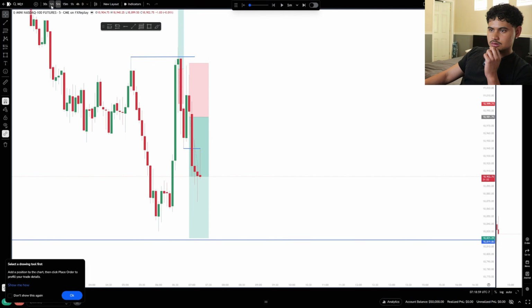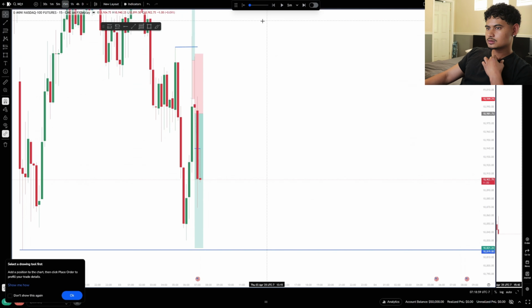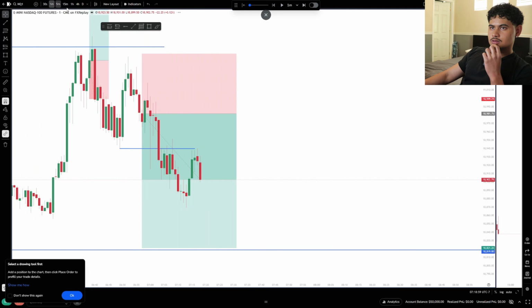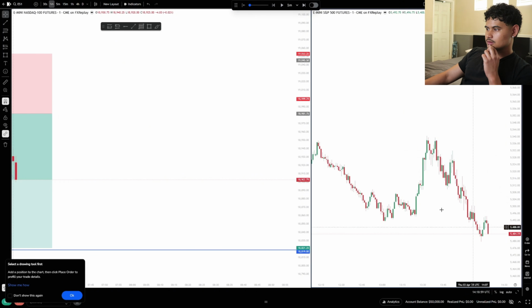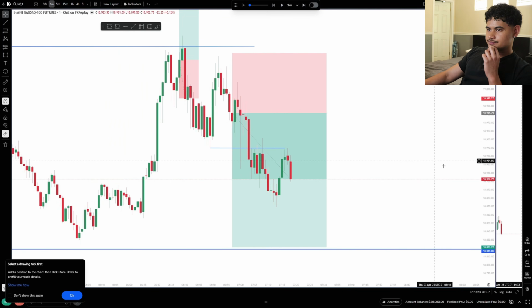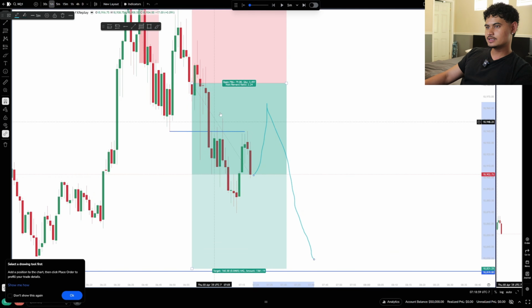Okay. Do I want to re-enter? Let me see. The reason I don't really feel that strong on this is because I feel like it could come back up and re-sweep and then go lower like this, where it'll re-sweep this high.